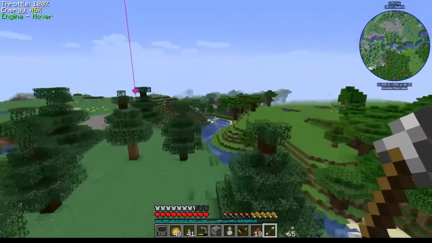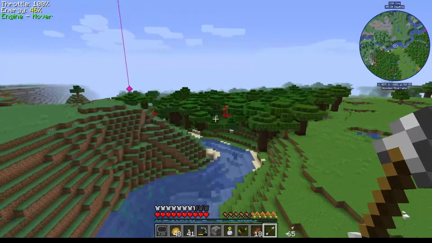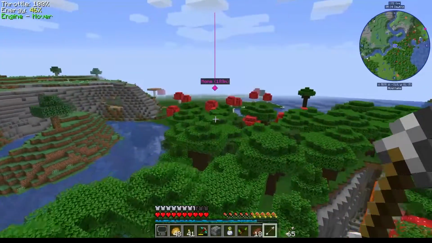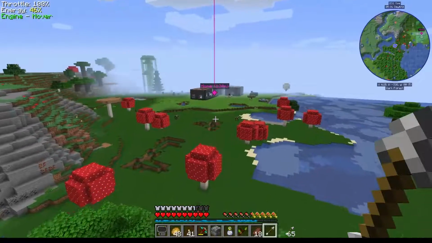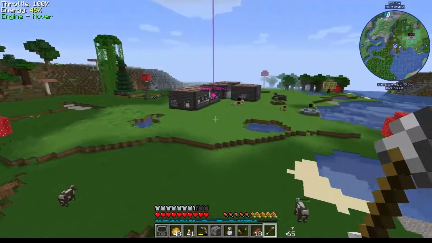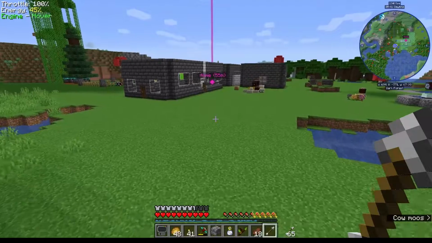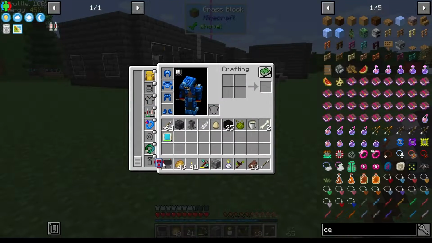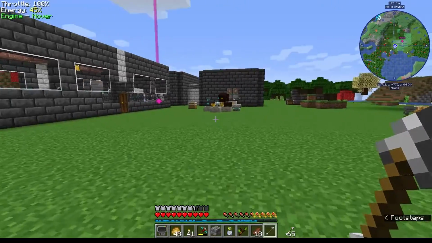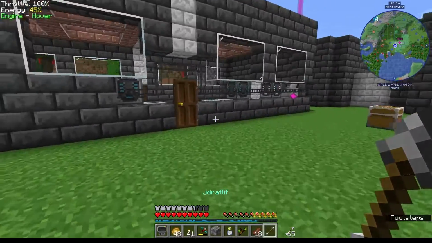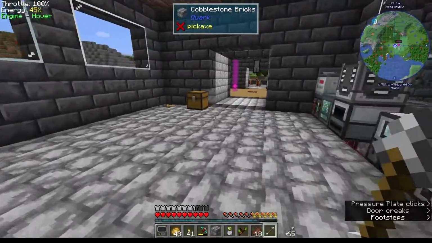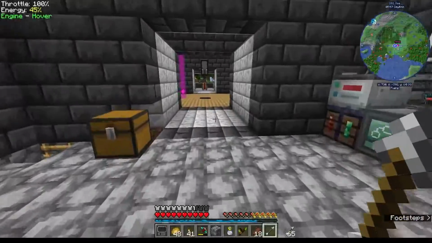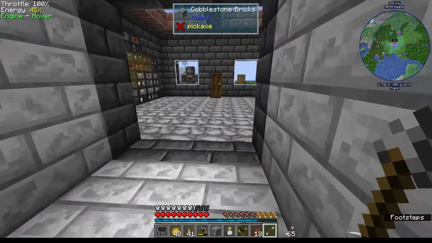As you can see, we're still at 46%. So, not clear to me whether we have drained our flux capacitor yet. But, yeah, we're still doing okay with this. So, yeah, 45 now. So, yeah, he's drained now. But yeah, there we go. Jetpack. So, cool. It'll be easier to find stuff in the Nether and to go hunt for Endermen, which is, you know, a plan I like to make.